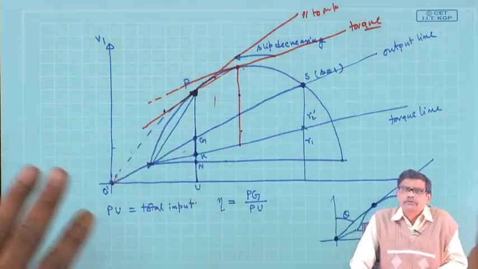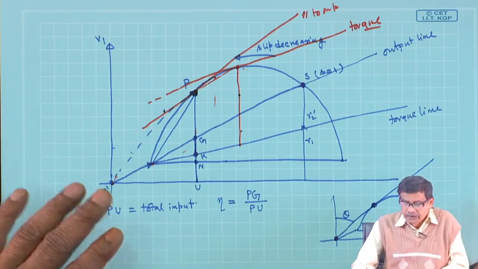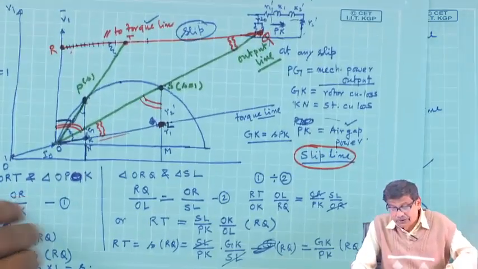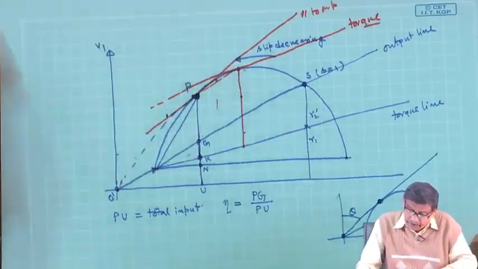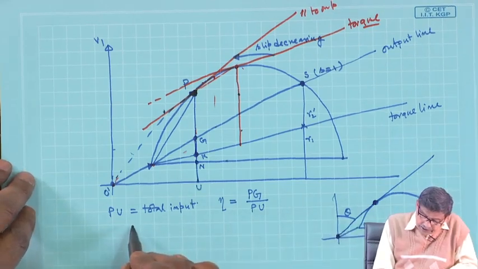You do not have to find out the parameters exclusively to draw the circle diagram, although it looks like, okay, unless I know the parameters, how can I draw. But we will see now that by doing two tests, it can be done.